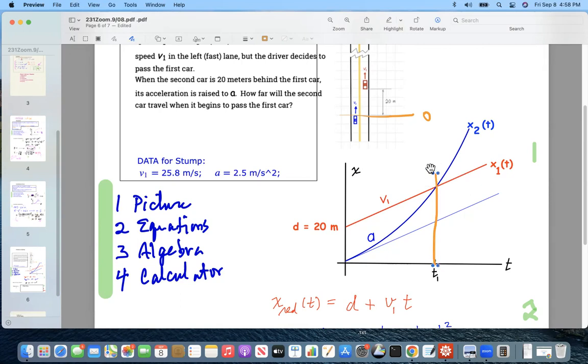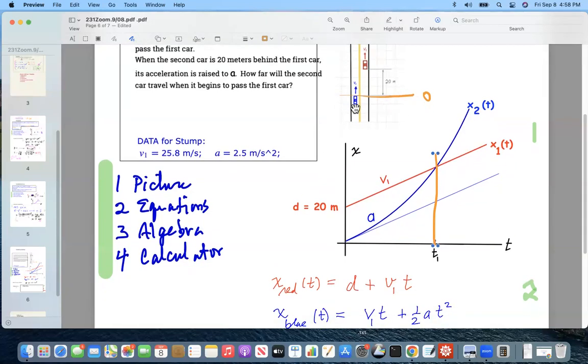In other words, his position will be larger than the position of the red car. So this is the time, t1, when he passes the red car. So there's the picture.